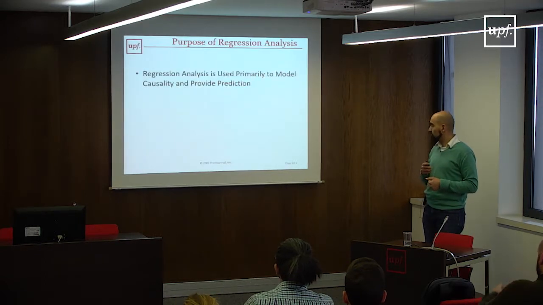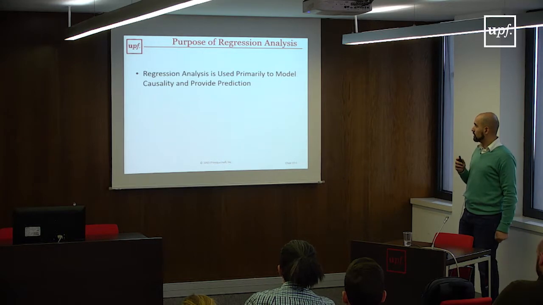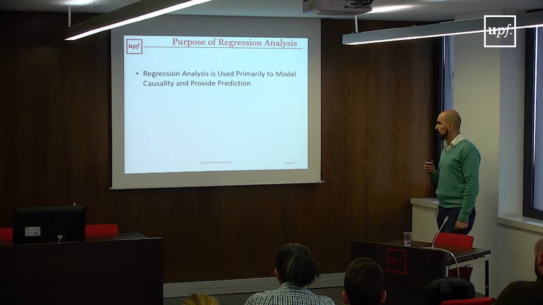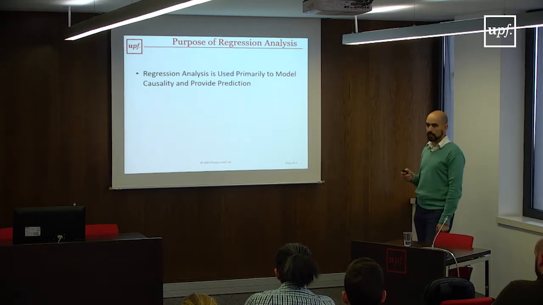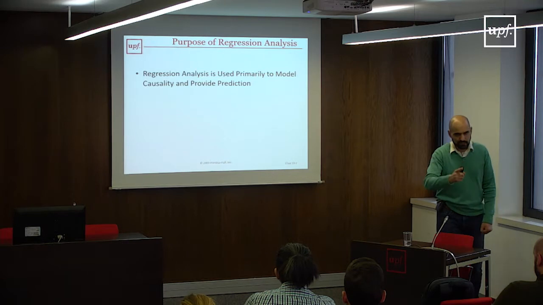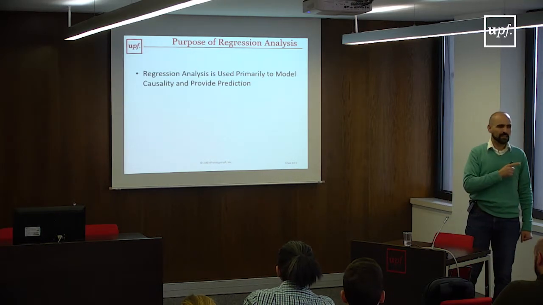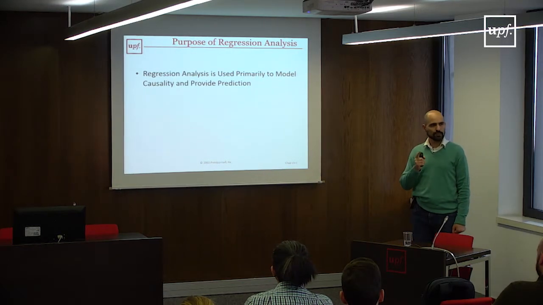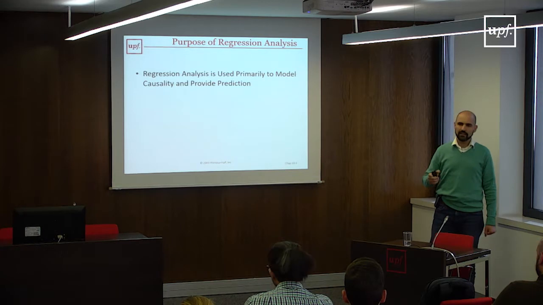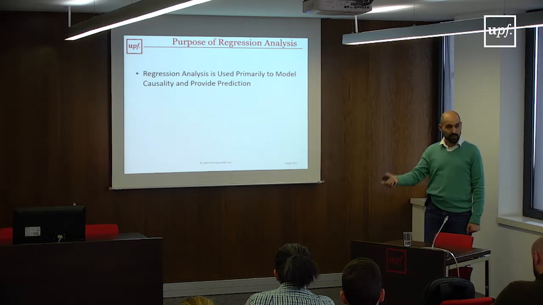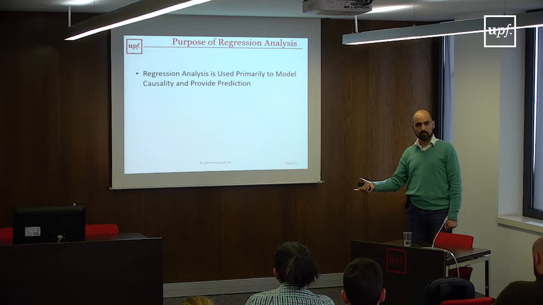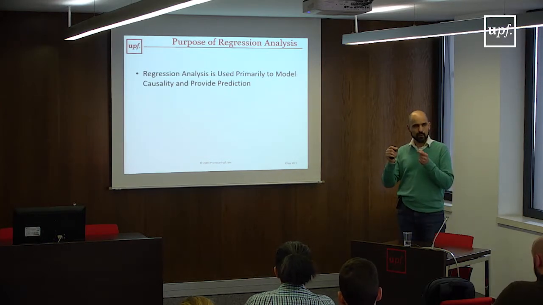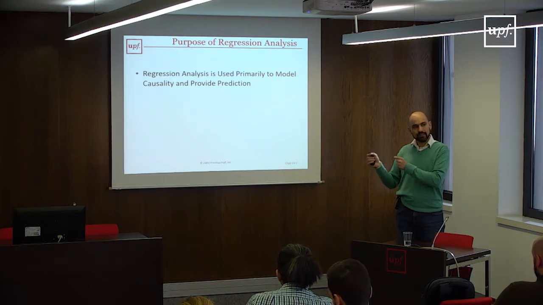But let's see a bit what we are talking about. So, as we said, regression analysis is used primarily to model causality and provide prediction. Model causality. We have seen in the very beginning that actually there is no test that allows us to verify causality. We can verify a regression between the two. We can verify that there is a law that is binding the two events.